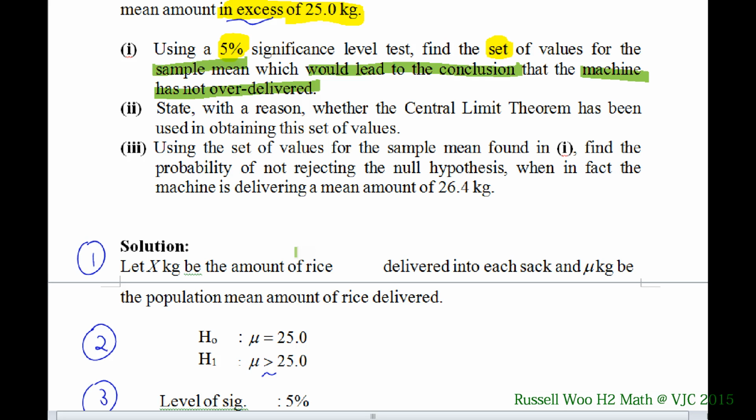That means you don't want your observed value to fall in the rejection region. It must fall in the acceptance region.